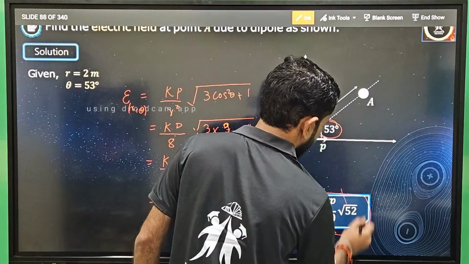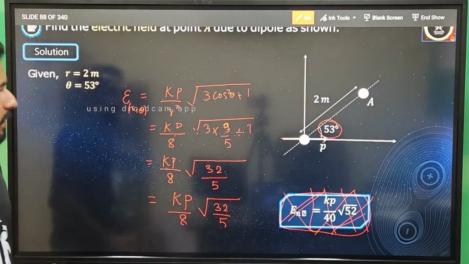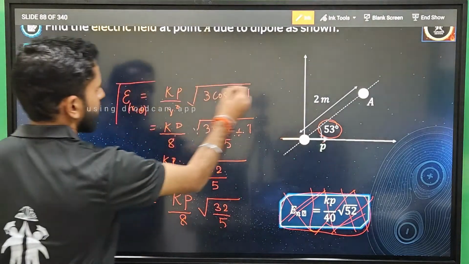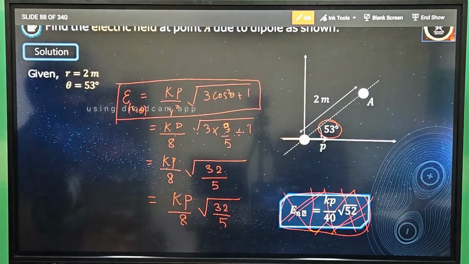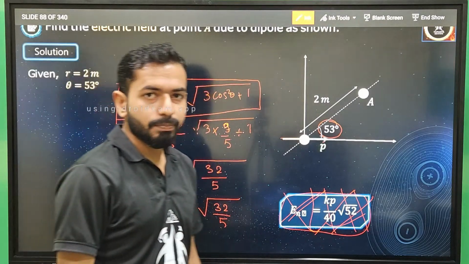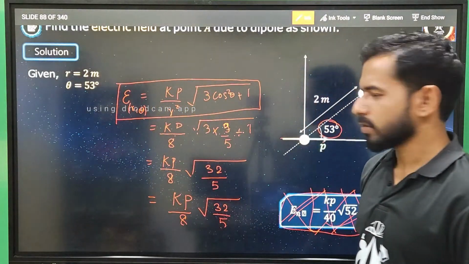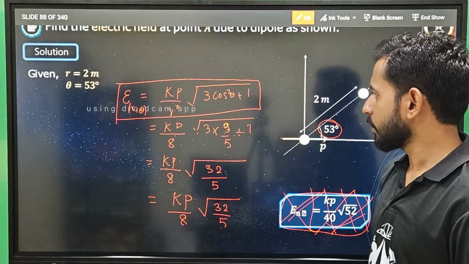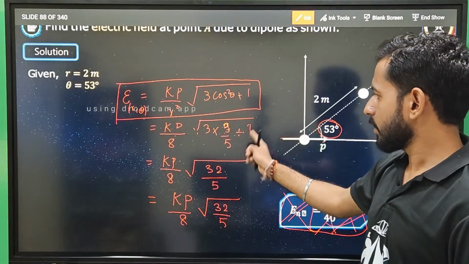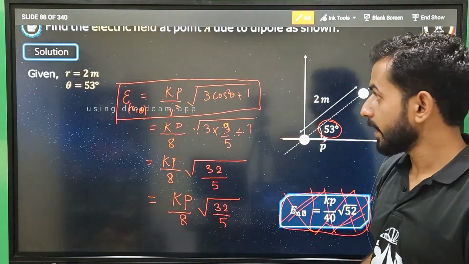This will be your final answer, because the result that we know is that at any general point P, you write the dipole field as Kp divided by r cube root under 1 plus 3 cos square theta. If you do that, you can simply calculate it, and this will be the final result that you will get, correct?